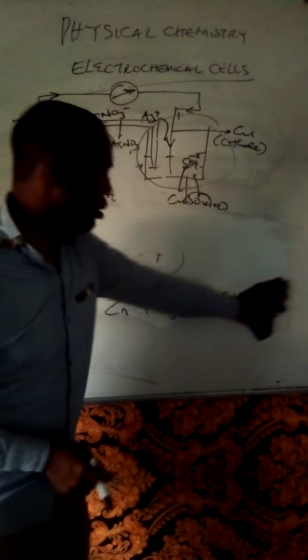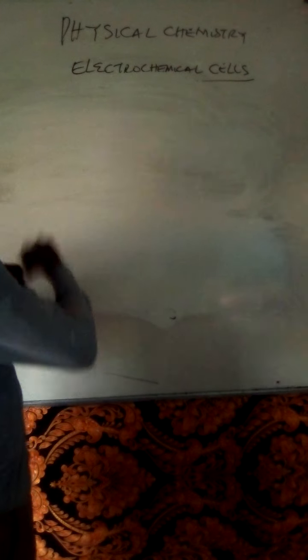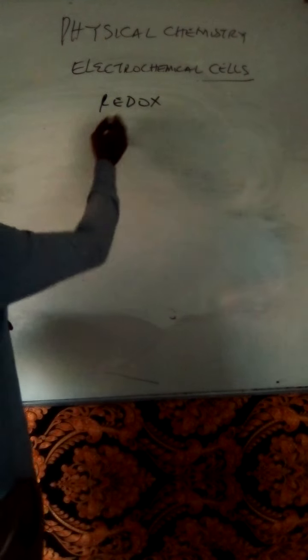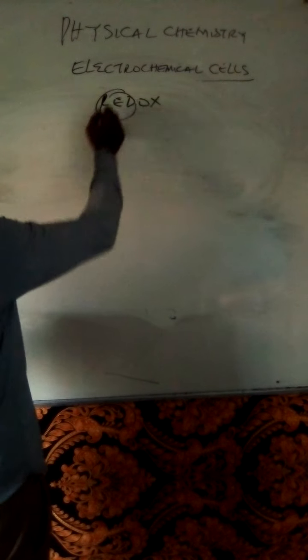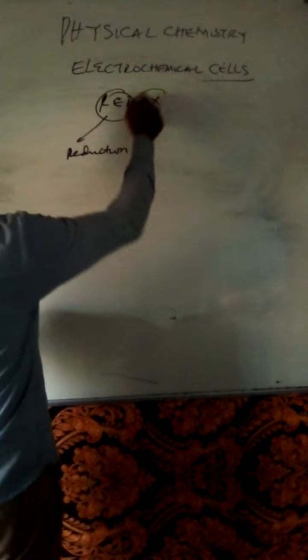Okay, having done that, we now introduce redox reaction. Redox reaction we mentioned before as a reaction that takes place in the electrical cell. But by definition, what does it mean? The word redox is obtained from two words: red for reduction and ox for oxidation.